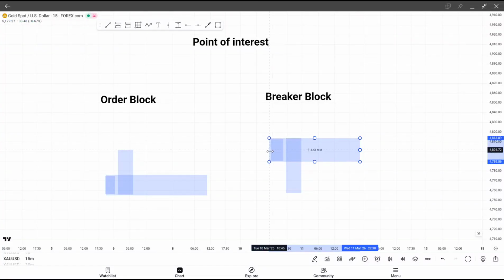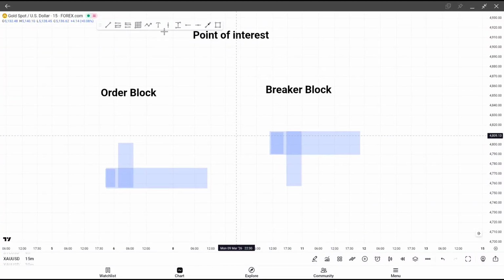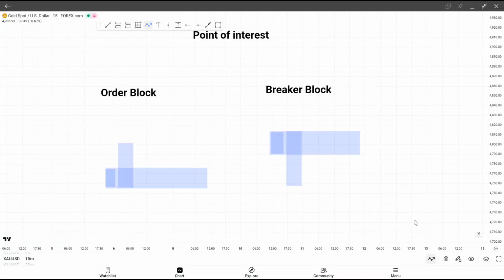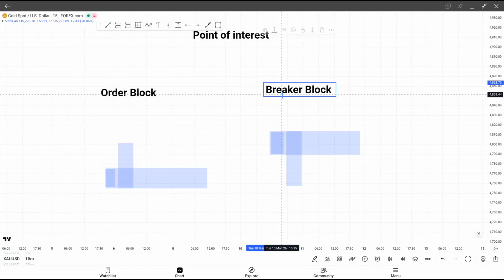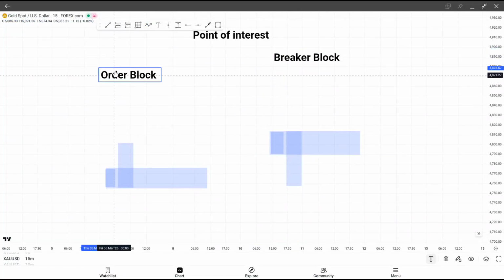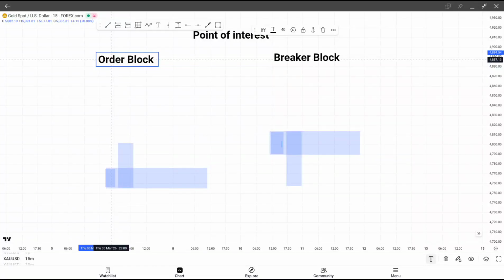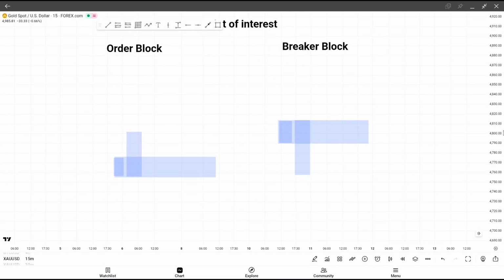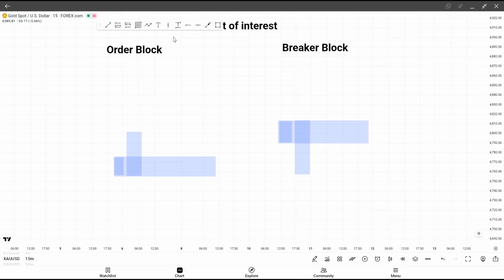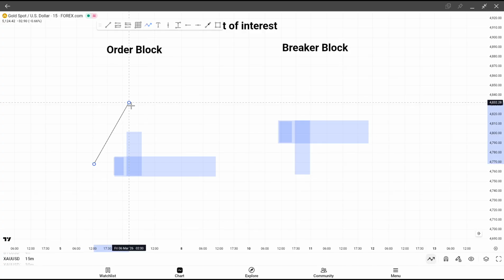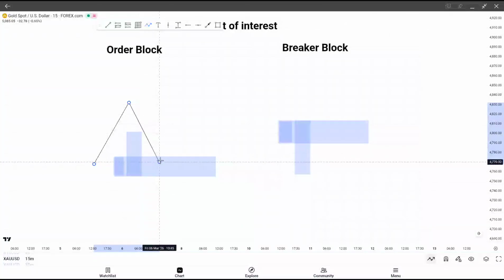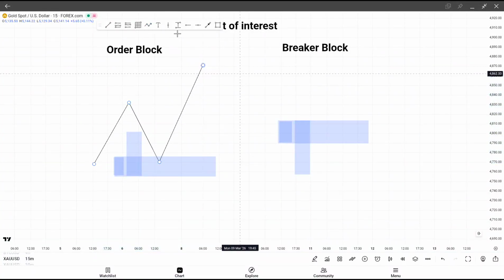And all those points of interest have things to do in the market. For example, let me go to the point. Okay, I want you to understand this topic because it's very important. What's the main function of the order block? It is to buy. When the market comes to the order block, the market will buy to the upside.